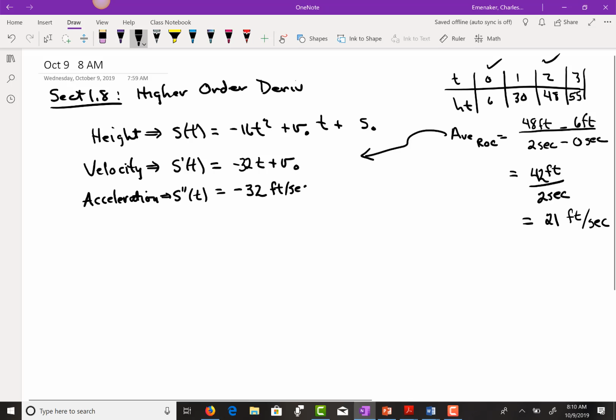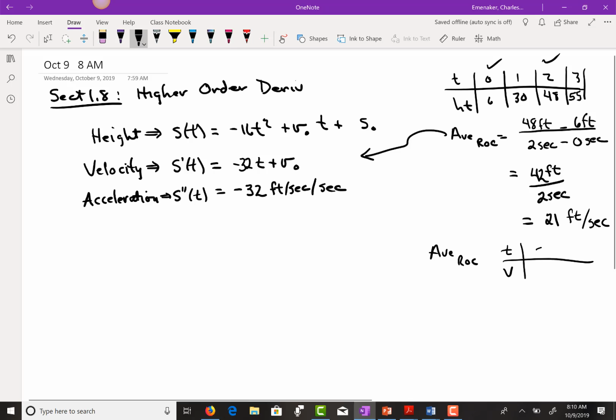per second. Where that comes into play, or how those units come about, is when you're doing the average rate of change there, we could set up a similar table where we have our time, and here we would have velocity.